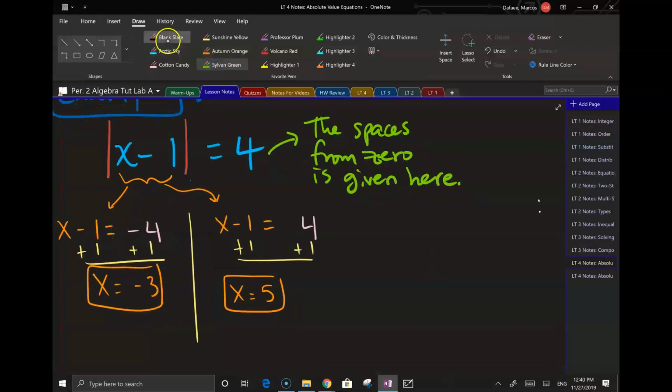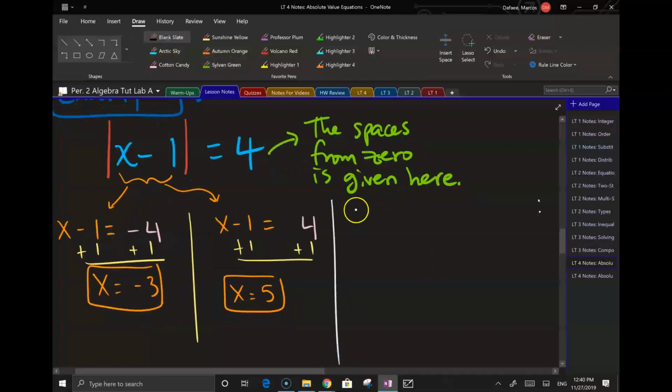So let's do a quick answer check here at the side. Answer check. So using the negative 3, we get negative 3 minus 1. And this makes a negative 4.